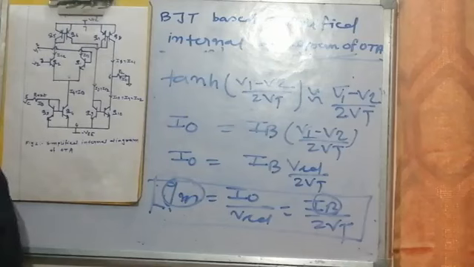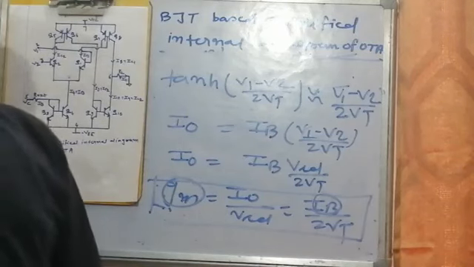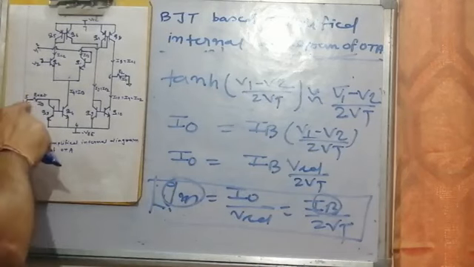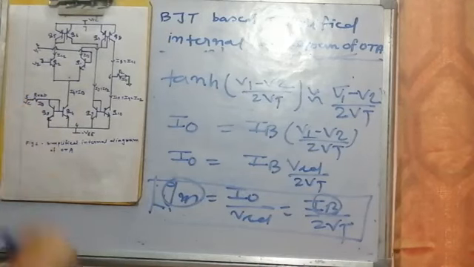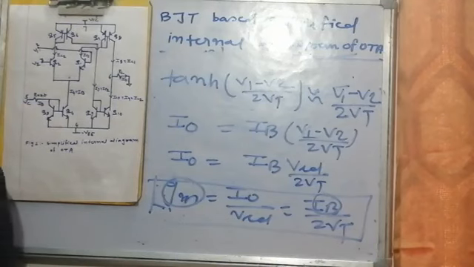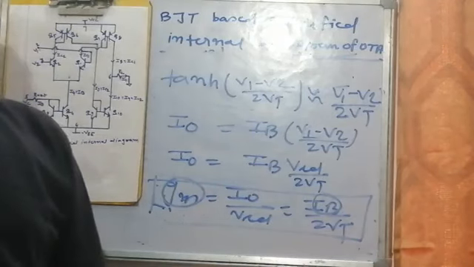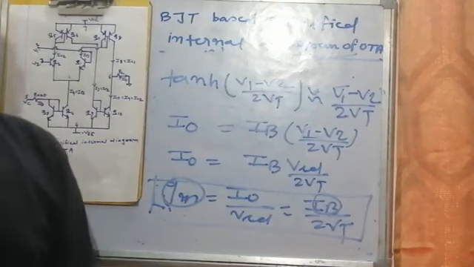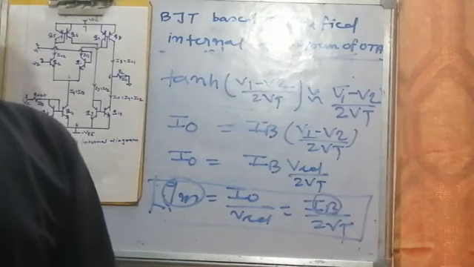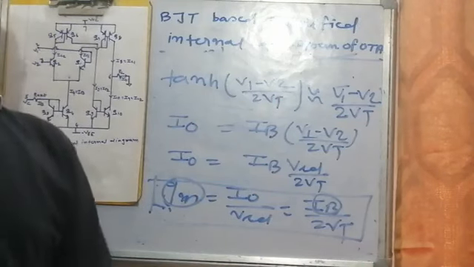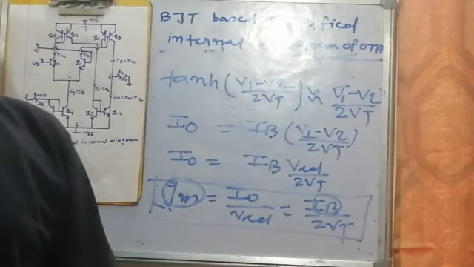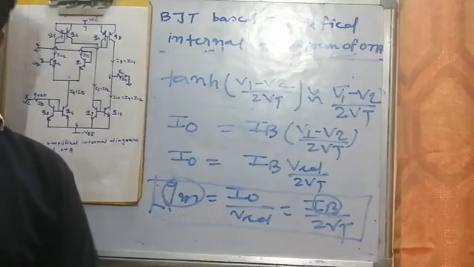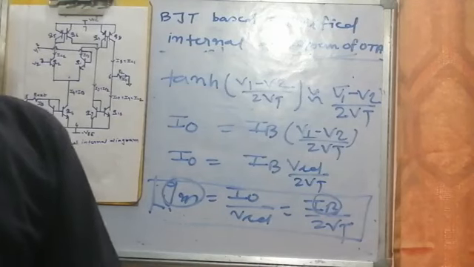So basically we can change the value of transconductance by changing the bias current IB or by changing this external voltage Vc. This facility is not available in an operational amplifier. We cannot change the voltage gain of an operational amplifier just by changing an external voltage. There is no such external terminal in an operational amplifier.